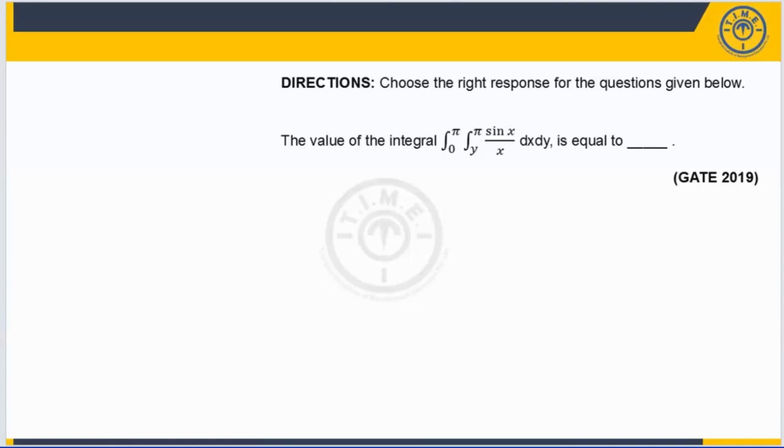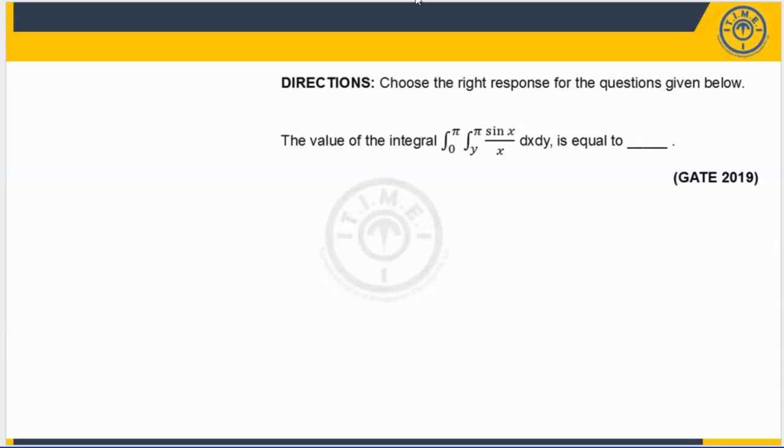Now the question is, first with respect to what are you supposed to integrate, x or y? We are supposed to integrate with respect to x, right?